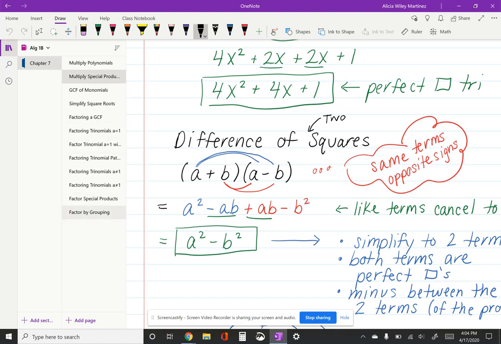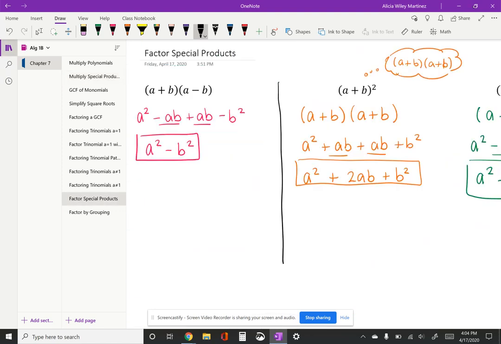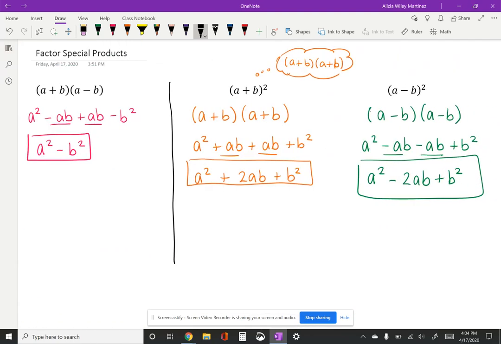Okay, so going back to this here, this is what we call a difference of two squares. Sometimes you just call it a difference of squares, so I'm just going to write difference of squares. A difference of squares can be recognized by a couple things. Here's how you can recognize a difference of squares.